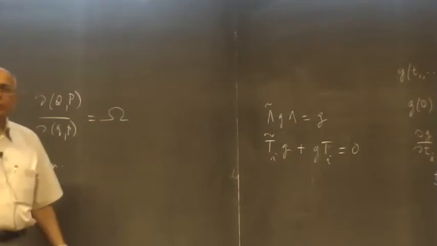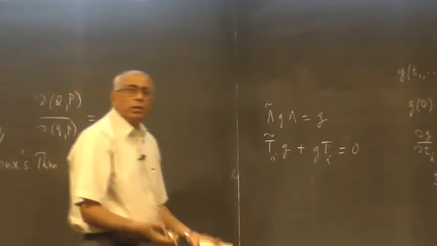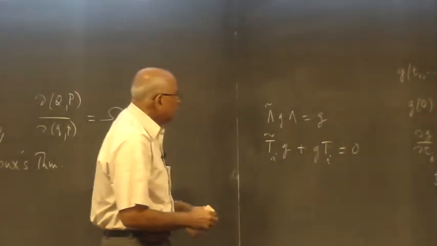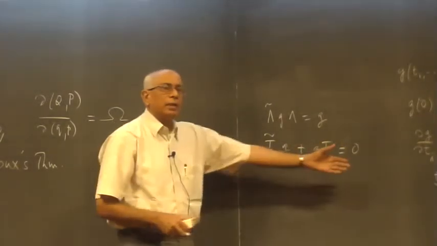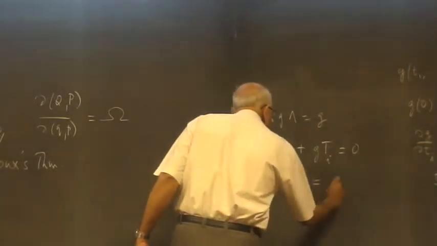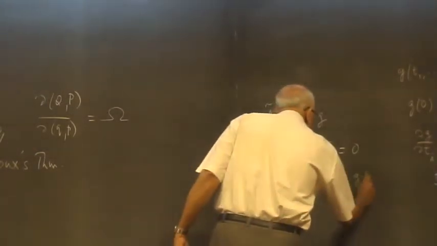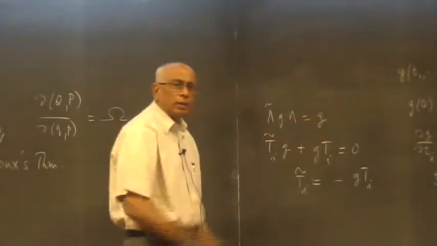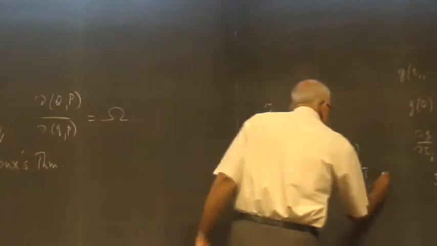So the infinitesimal generators of the Lorentz group, 3 plus 1 dimensions, or doesn't matter how many dimensions, are those matrices which satisfy this relation here. Or if you like, Ti tilde equal to minus G Ti. And I put a G inverse on the right hand side, but G squared is 1, the identity matrix, so G itself.